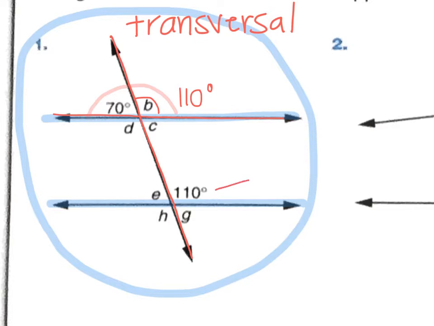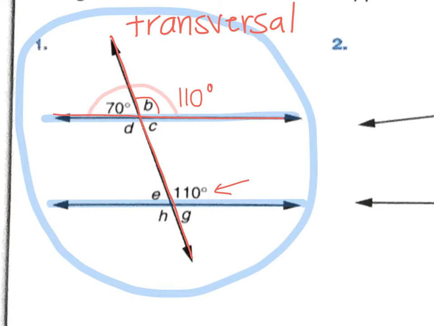If you look down here, this angle is also 110 degrees. And this is what's cool about a transversal and parallel lines, that my line up here on top, I'm going to have the same angle measures that I have down here because of that special line called a transversal. So right now, as I figure out some more, I can figure out kind of 2 at a time.